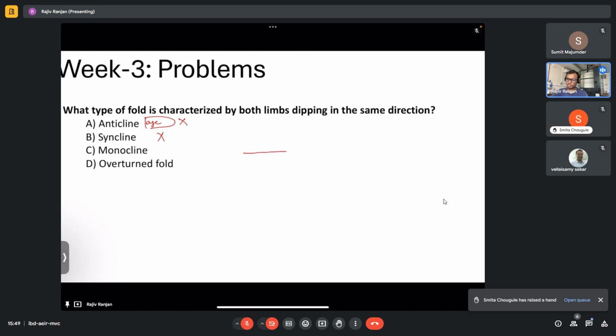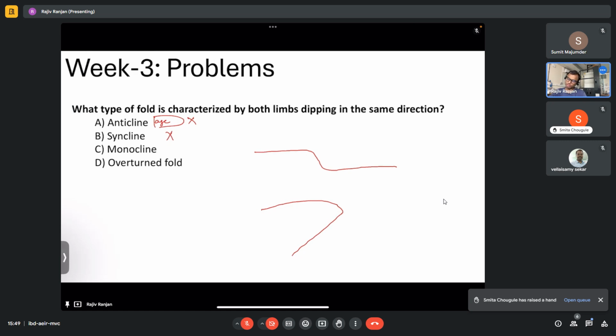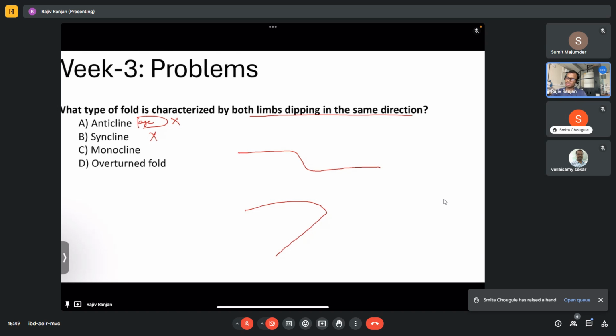Have you seen such a fold? Have you seen a fold like this? So here the question is both limbs dipping in the same direction. An example of this would be synform. Synform is an example of both limbs dipping towards each other. So there is another type of fold which is called monocline.